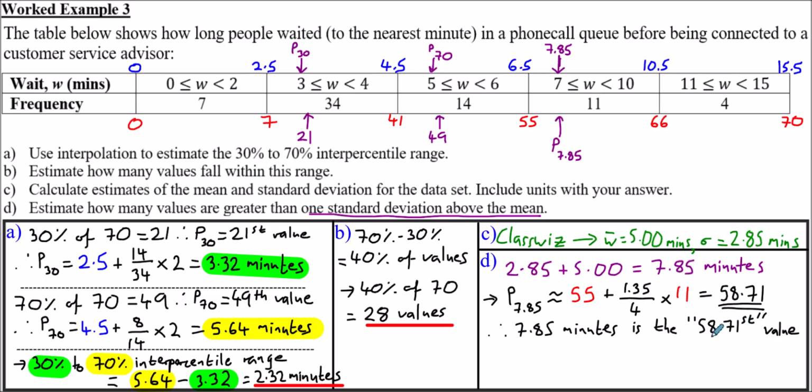So how many would be below 58.71? In terms of actual whole number positions, first, second, third, and so on, below 58.71 there'd be 58 values. So we can write this down. 58 values are below it.